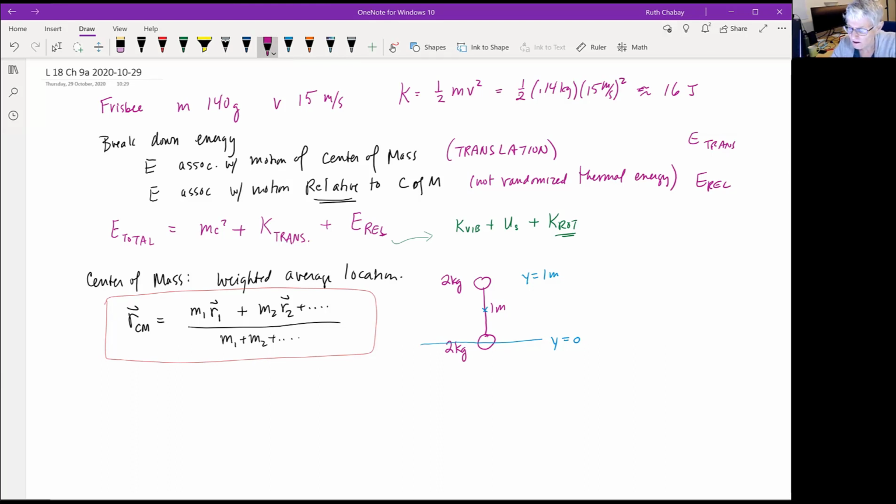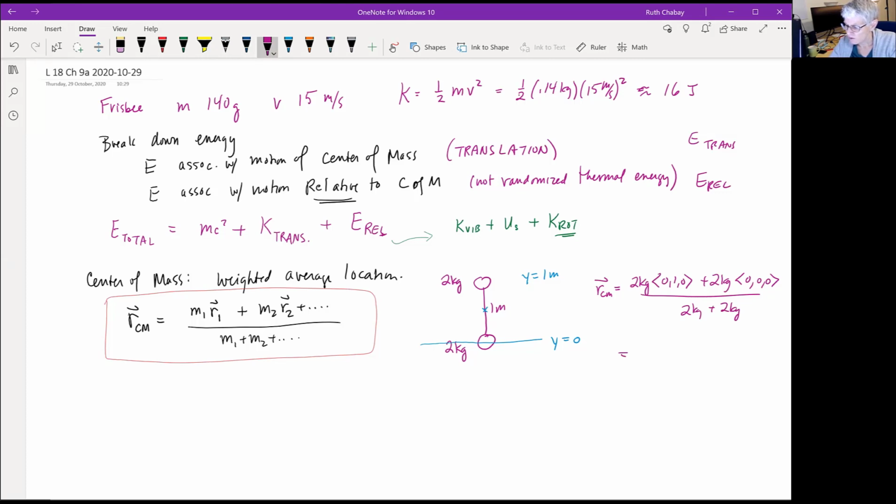And we can calculate it. So this position of the center of mass is equal to 2 kilograms times (0, 1, 0), that's the top sphere, plus 2 kilograms times (0, 0, 0), that's the bottom sphere, divided by 2 kilograms plus 2 kilograms.